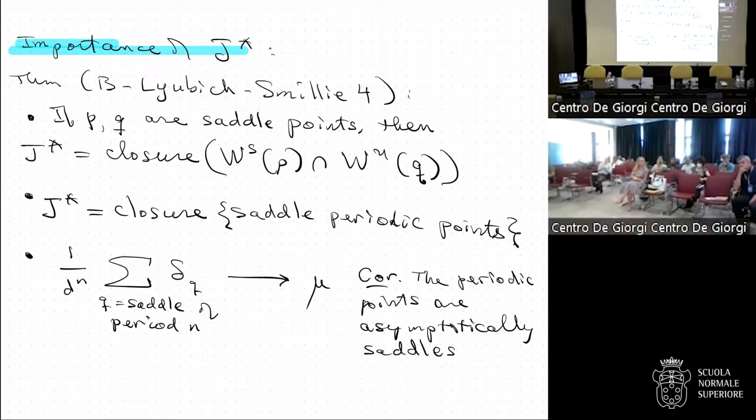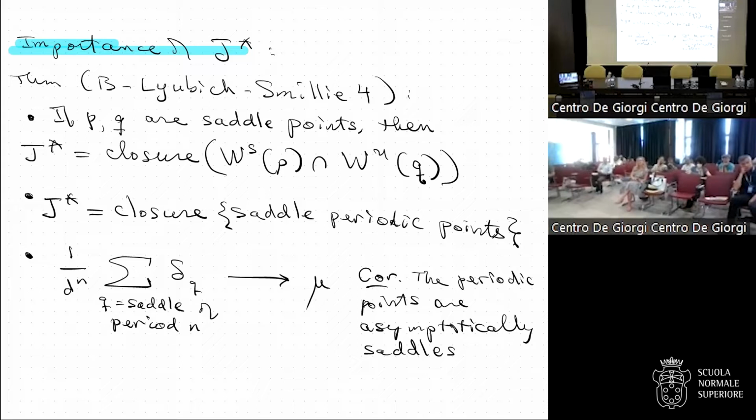And also in terms of measures, if you take the saddle points of period n, divide by d to the n, then that converges to mu, the invariant measure. And so that tells us, among other things, that if you look at all your periodic points, you know by algebra that there are exactly d to the n periodic points of period n counted with multiplicity.